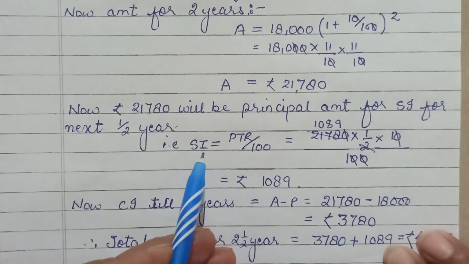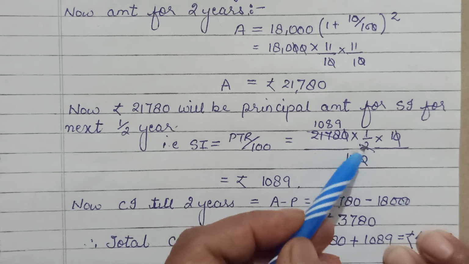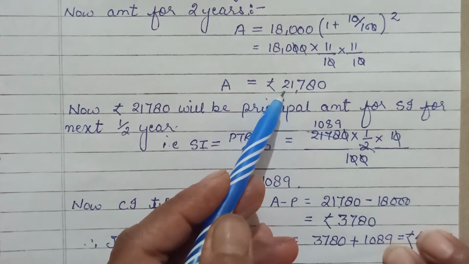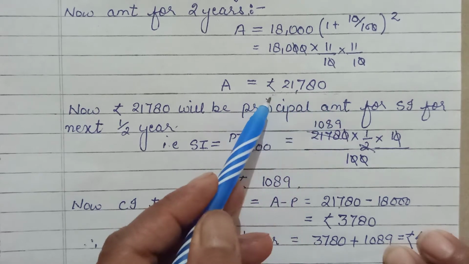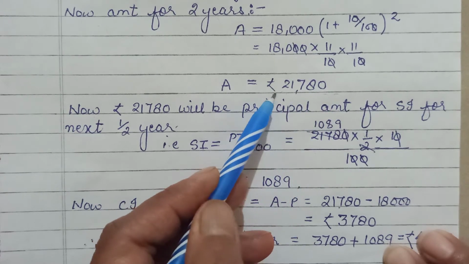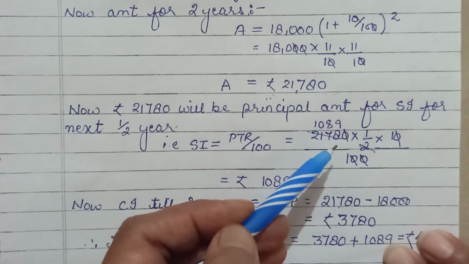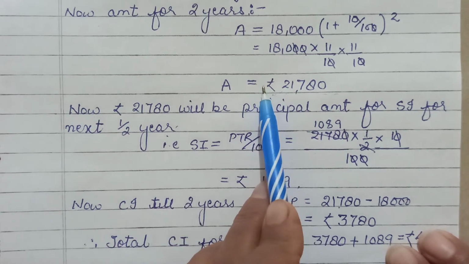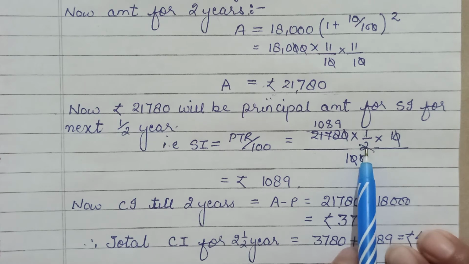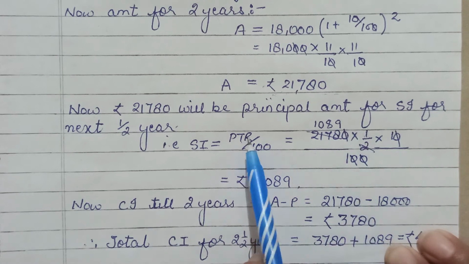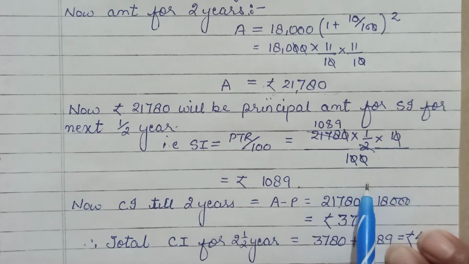ओके, because अब आप आगे के time को half year ले रहे हो, this is after 2 years and at the end of 2 years this was your amount, और ये वो money थी that you had already obtained. अब इस पे interest मिलना है. फाइन, तो ये जो हमने amount निकालना था after 2 years, इसको आप principal की जगह रखोगे. For the coming half year, time half हो गया and rate will remain the same of course. So 10 upon 100.